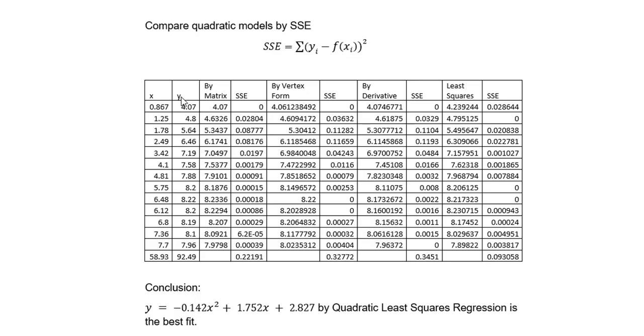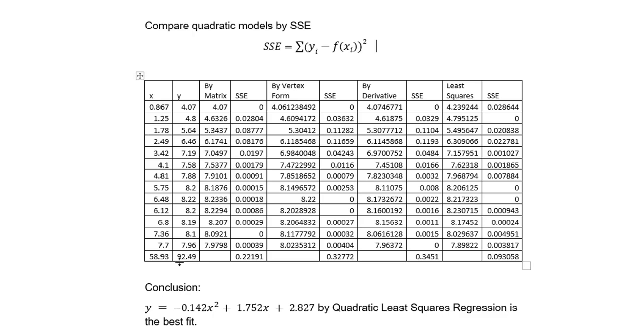I copied the table from Excel. Remember, if you see something like E negative 5, this is Excel notation. It's not allowed in our Math IA. You need to change it into decimal form.